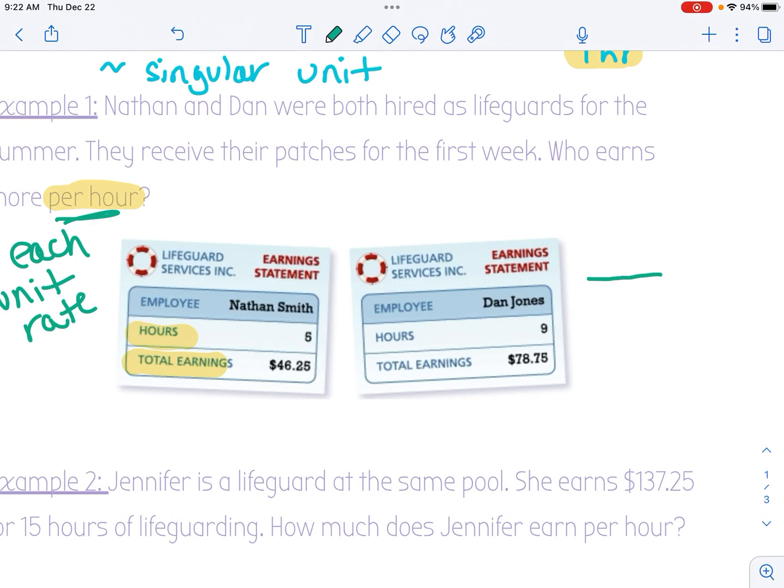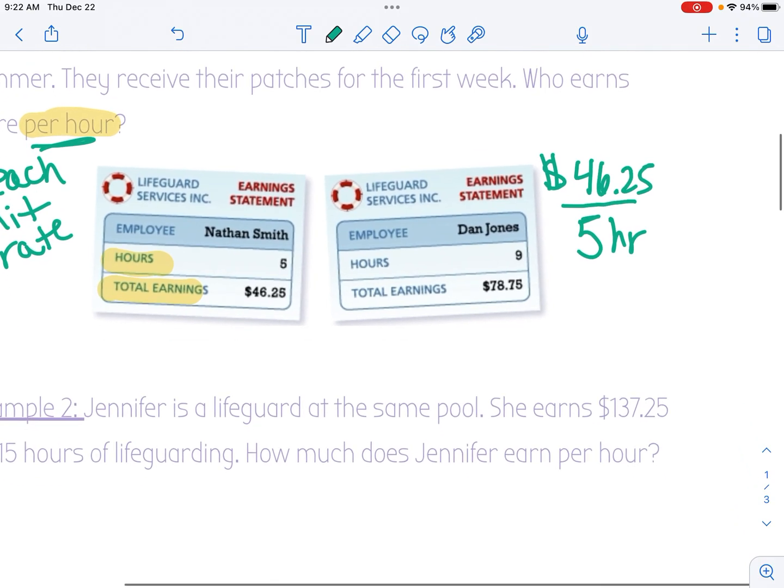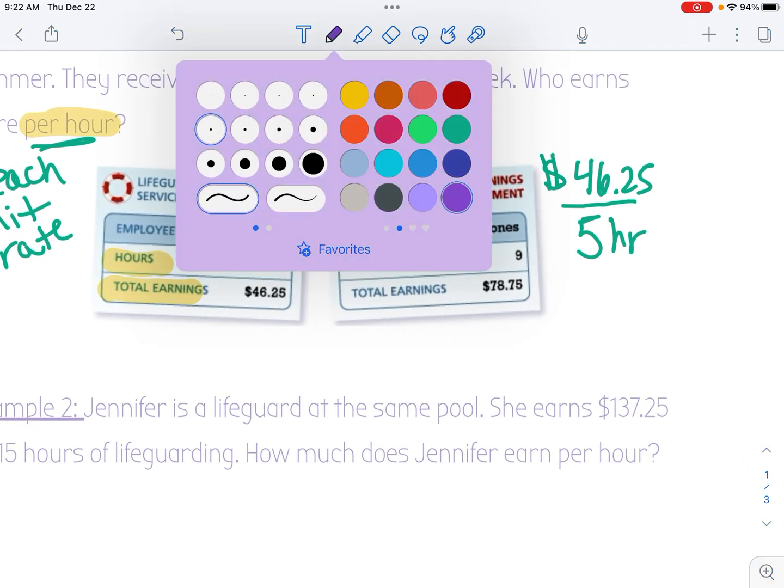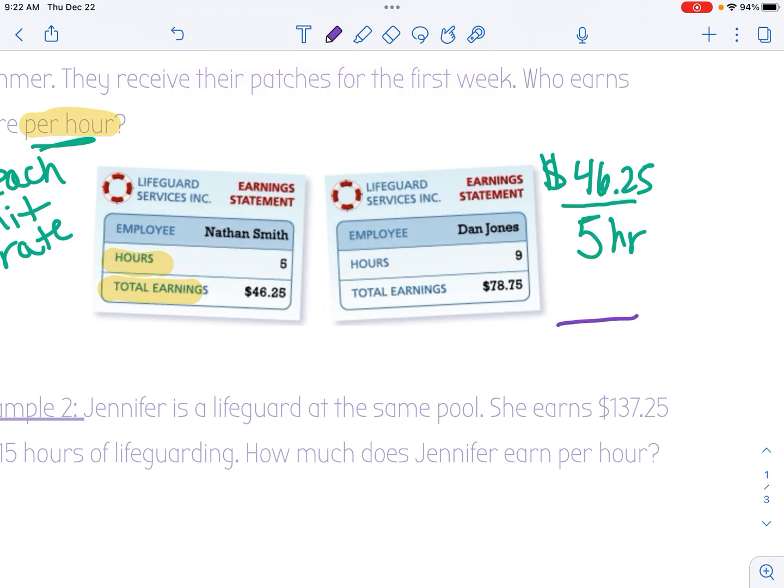So for Nathan, I'm going to put 5 on the bottom, and on top, I'm going to be putting 46.25. And then I'm going to change my color up here for Dan. Dan works 9 hours, and he makes $78.75.